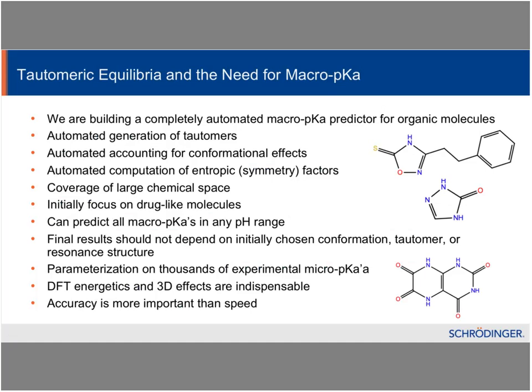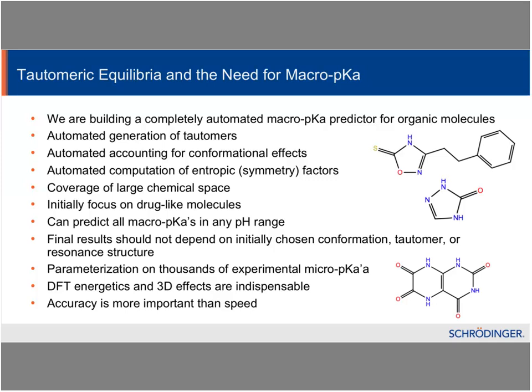So the idea behind it is that you pass a molecule that is prone to tautomerism to the program, and the program does everything for you automatically. It automatically generates these tautomers. It basically figures out which hydrogens can jump among different proton acceptors, like these nitrogens or oxygens or sulfur.